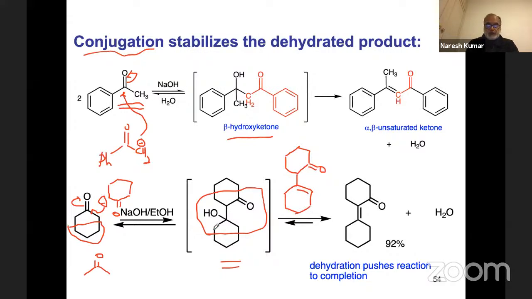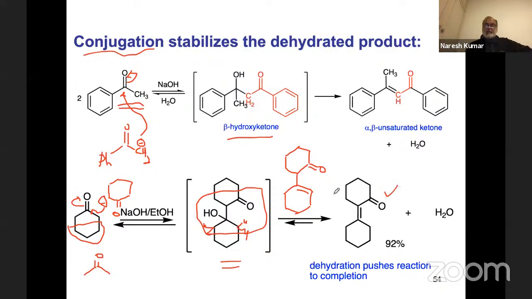If you remove the proton from this side or the other side, it doesn't matter, it's the same product. There is hydrogen here, and hydrogen on that side as well. So if we dehydrate it this way, the double bond will go there. So the question is, why doesn't this product form, and this one forms in very high yield?